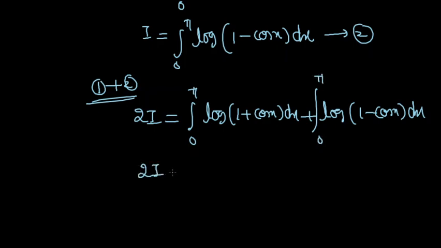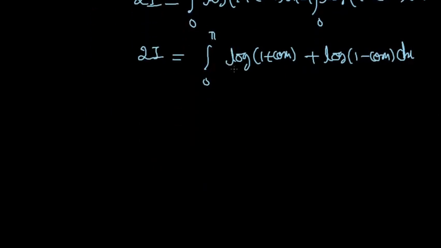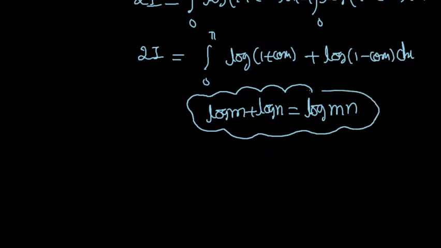So 2I is equal to 0 to pi log of 1 plus cos x plus log of 1 minus cos x dx. Log m plus log n, the formula is log mn.